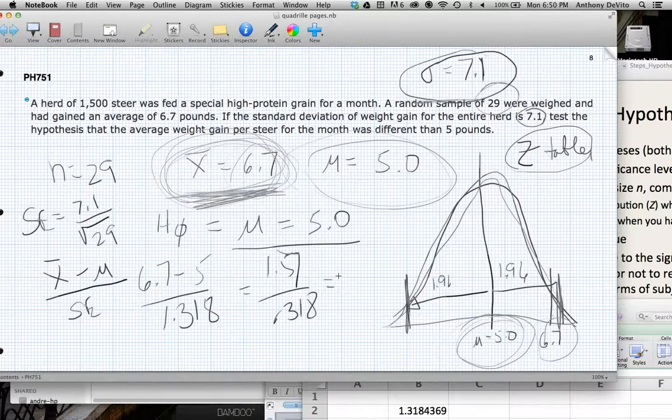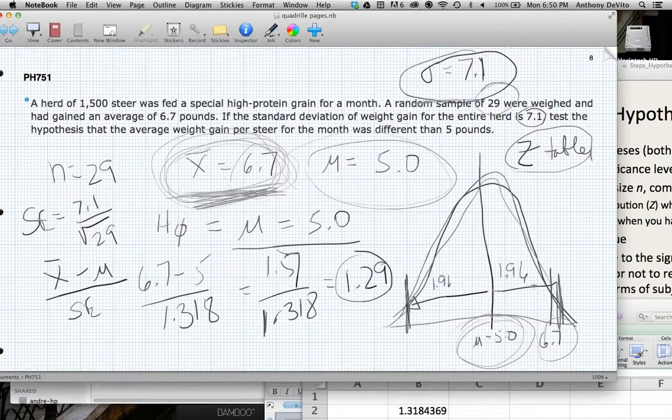So what's our z-score? Somebody want to tell me? 1.318 into 1.7 is 1.29. Okay, that's our z-score, right?